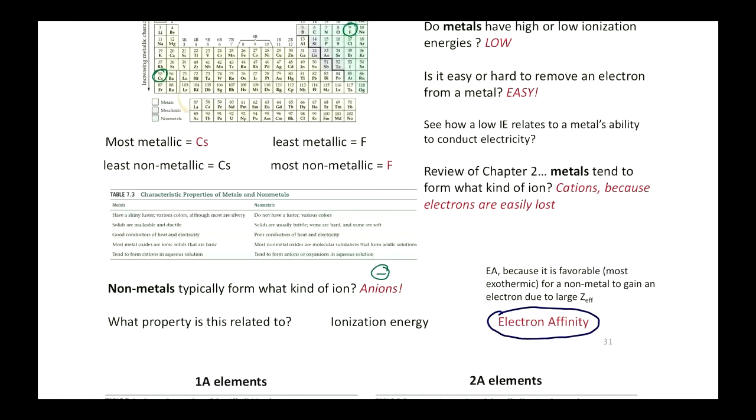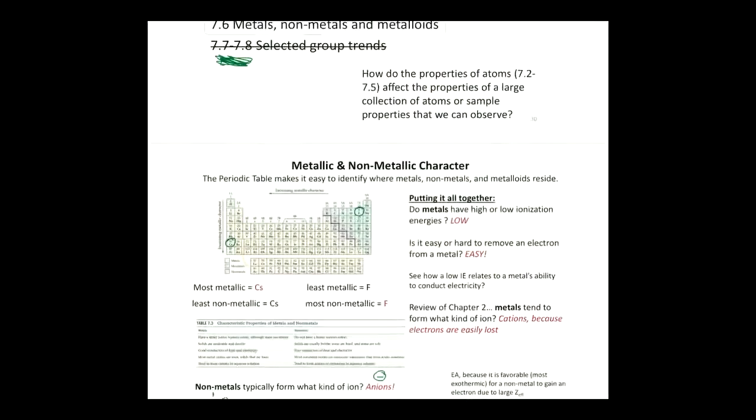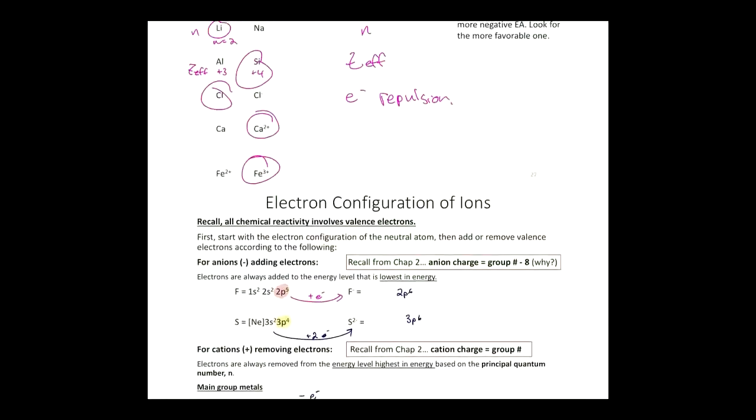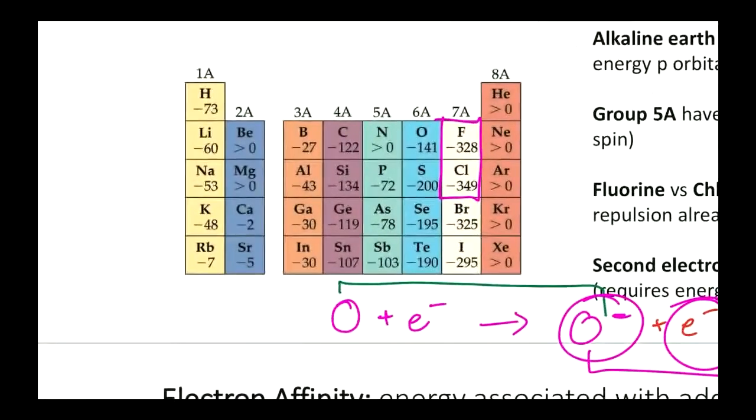non-metals gain electrons. So if you don't believe me that non-metals have very negative, exothermic electron affinities, let's just look up here, right? Look at our non-metals. We have oxygen, fluorine, chlorine. See how super negative the numbers are versus metals over here. Yeah, you get a little energy back if you put an electron on a metal, but not as much as you get putting an electron on a non-metal.